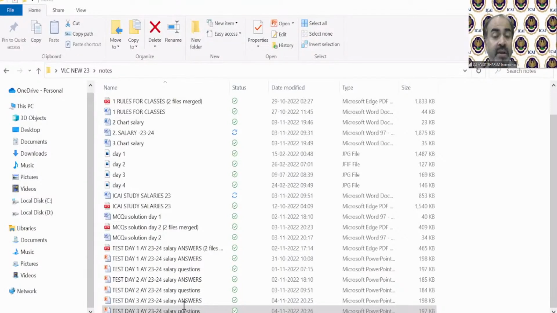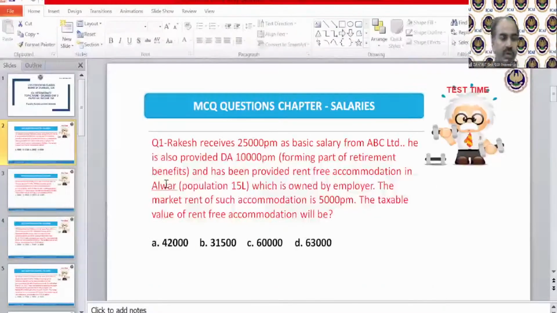He is also provided DA allowance of 10,000 per month, forming part of retirement benefit, and has been provided rent-free accommodation in Alwar.